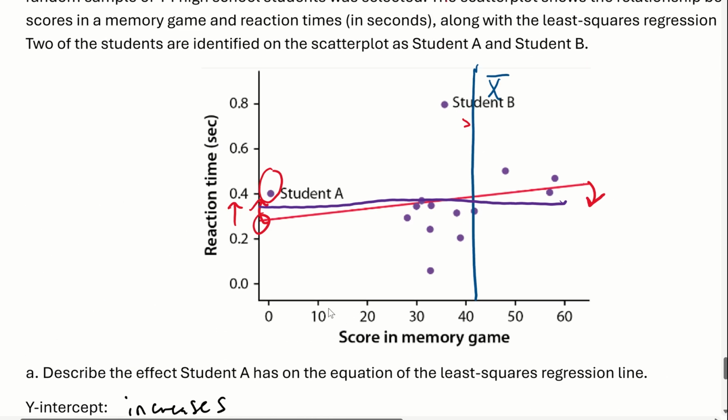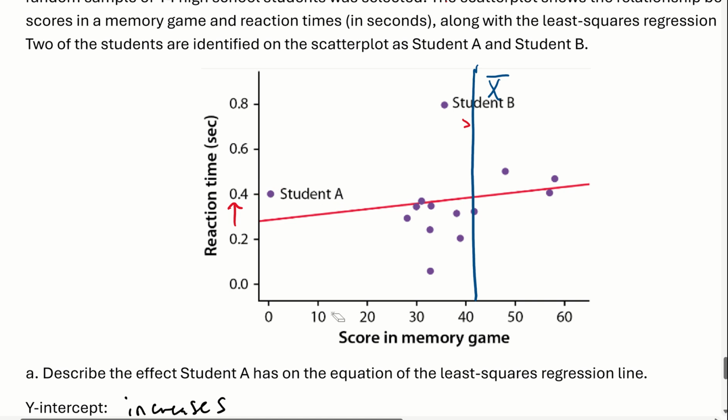Really easy. Now, if I look at student B, it's close to your x bar line. So that means it's going to have a pulling action. It's going to pull the line up. So it's going to take this red line, it's going to pull it up. Okay, and that's all. It's literally just going to pull it up. So if it pulls it up, that means that the y-intercept increased.